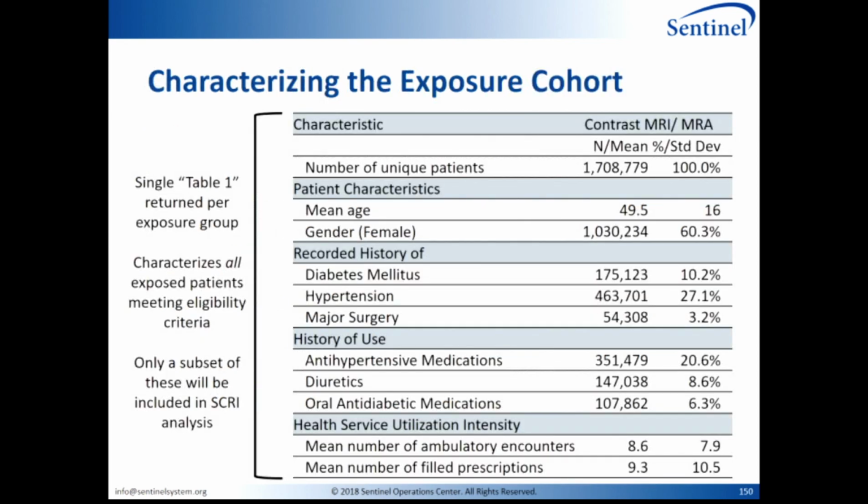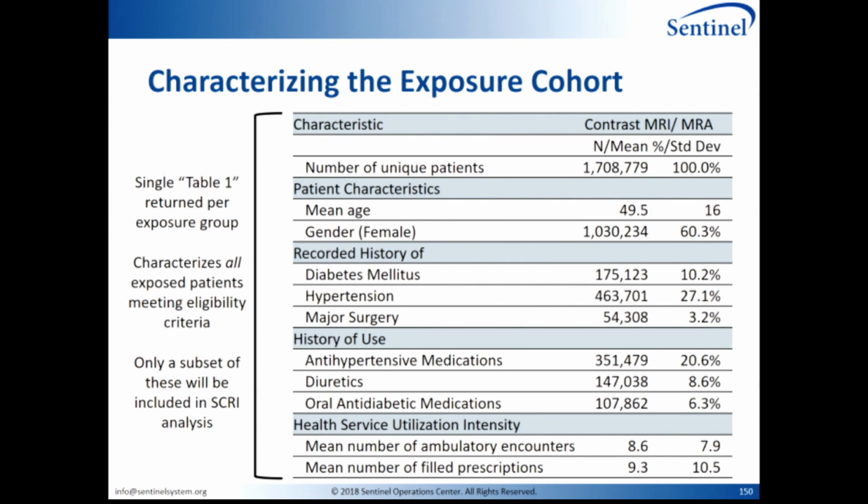So for the exposure cohort, like I said, we characterize it with what might be considered to be a table 1. All exposed patients meeting the eligibility criteria for the study are included. And so in this case, we would actually have 4 different tables of this type because we have 4 different exposure groups.